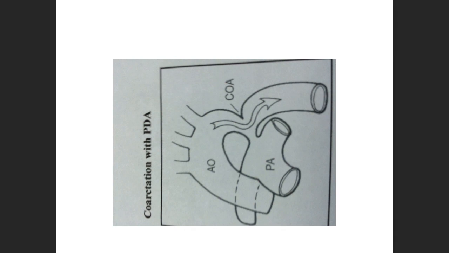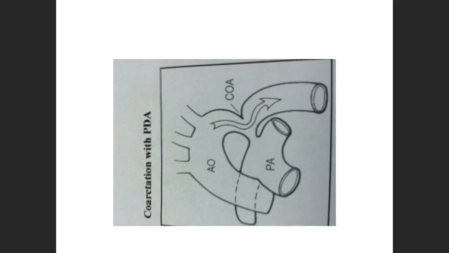Okay, if you look at about the 4 o'clock area, you see PA, which is the pulmonary artery. And at about the 12 o'clock position, you will see coarctation of the aorta. When the ductus arteriosus is open, connecting the pulmonary artery to the aorta, there is a better flow across the obstructed area in the case of coarctation.